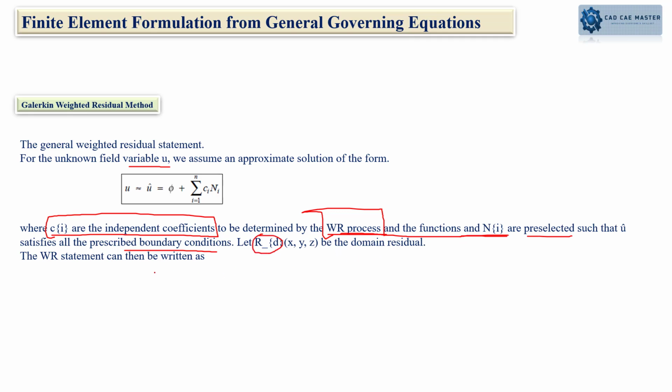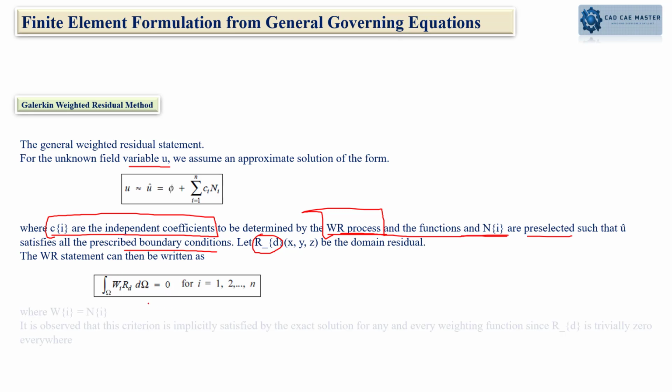If we take these things into account, the equation will be rewritten like this, where Wi is the weighting factor and R_D is the domain residual. This is the integral form.